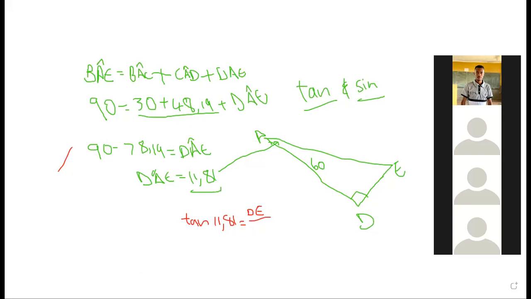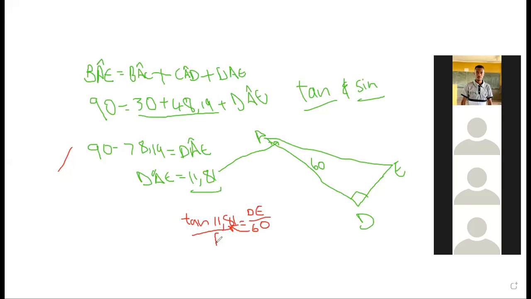It's AE over DE. Can you see ADE? We look focused on this triangle. Okay, it's 60. So it's DE over 60. So we cross multiply, right?